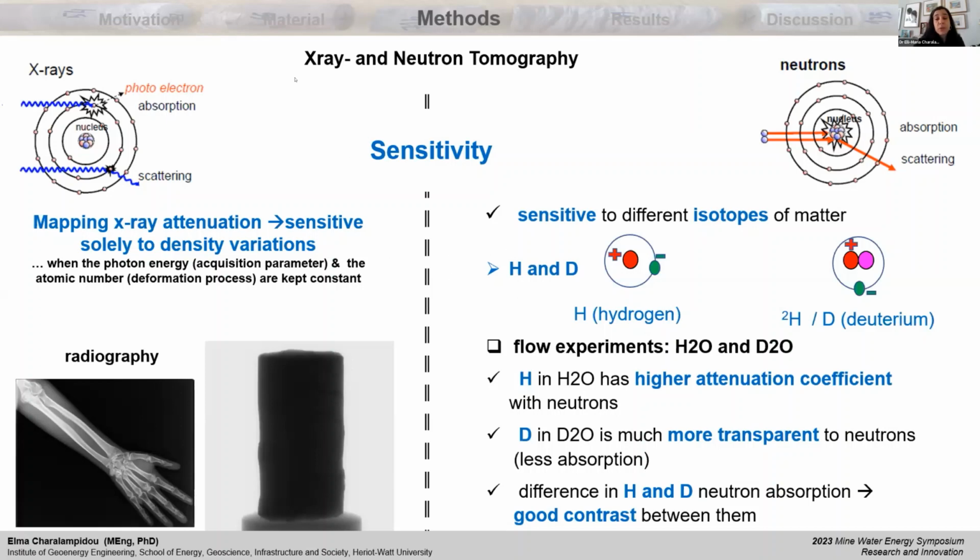In particular, when we have flow experiments where both water and heavy water are present, the hydrogen in the water has a higher attenuation coefficient with neutrons as opposed to the deuterium, which is more transparent. But when both of them exist in the same system, the contrast between them is really good, and we can observe the flow migration within the samples of interest.